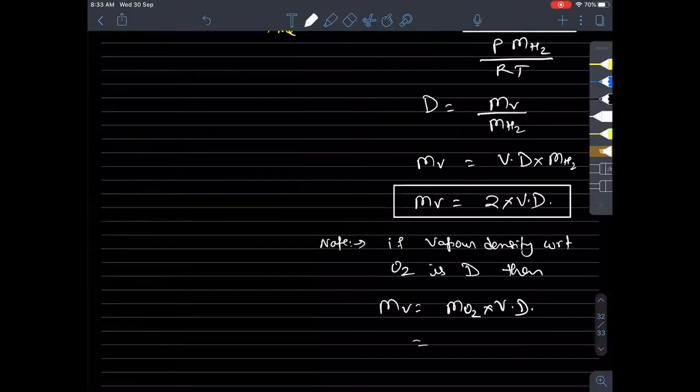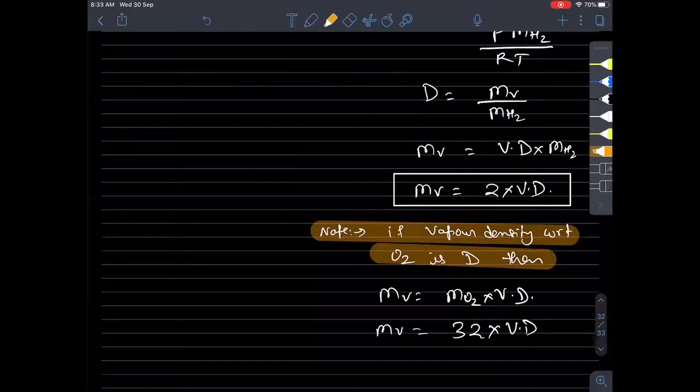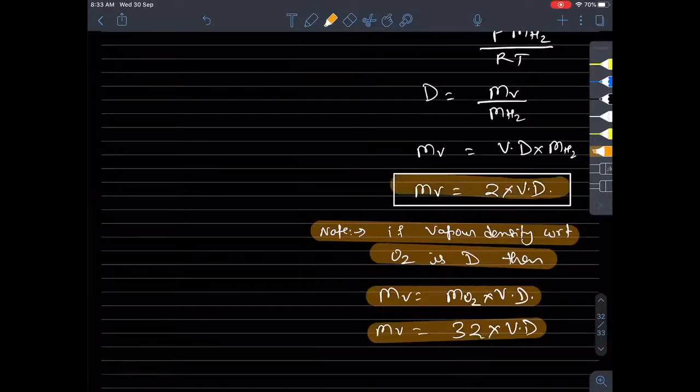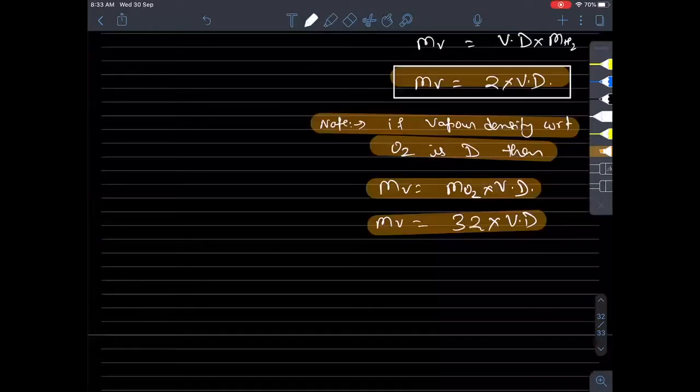Because if they ask with respect to O2, you have to take the molar mass of O2, which is simply 32, multiplied by vapor density. So this is very, very important. Unless it is mentioned something else, you are supposed to take hydrogen by default. But if something else is mentioned, then you have to take that as a reference. Many a time this type of question is asked.